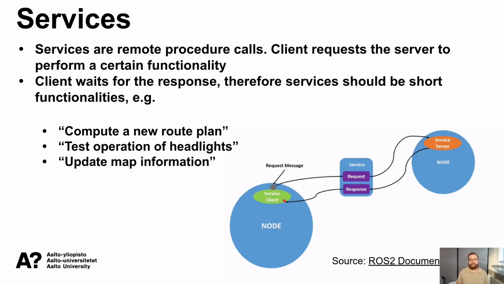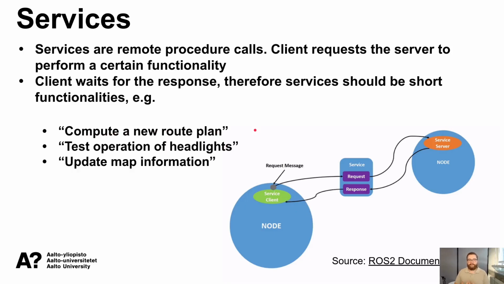So obviously with a structure like this, you don't want to be sending out long tasks as services, because the client node will not be doing anything meanwhile it's waiting for the task to be executed and waiting for the response from the server. So these might be some really small, simple computational tasks. Maybe something like compute a new route plan.